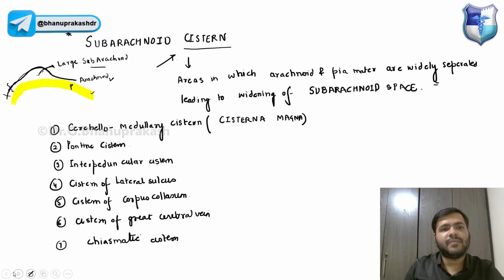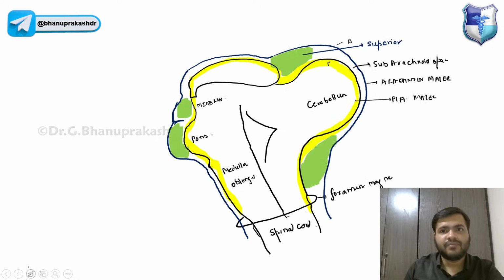I will tell you the other name of this, and you already know this. It is called the superior cistern, or it is also called the quadrigeminal cistern.